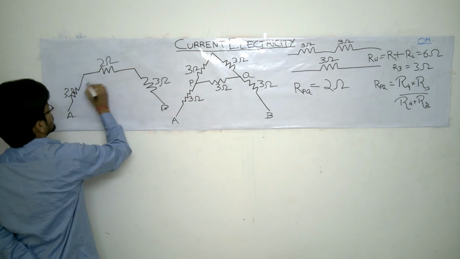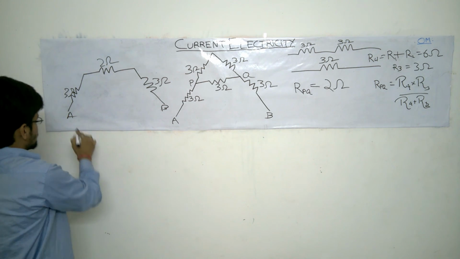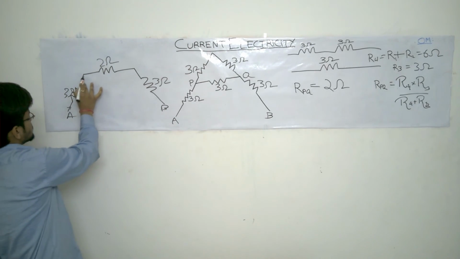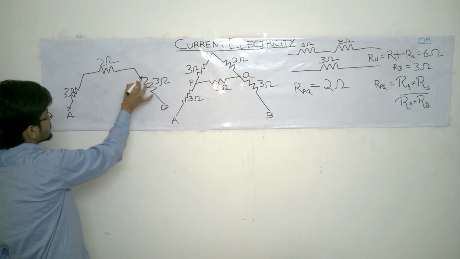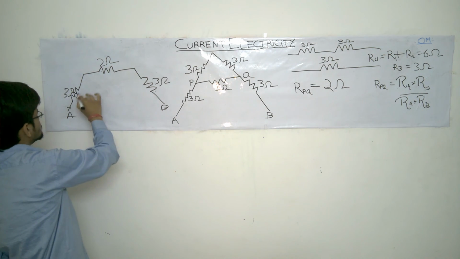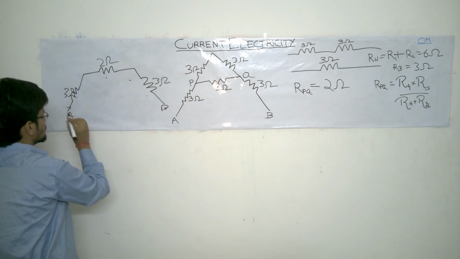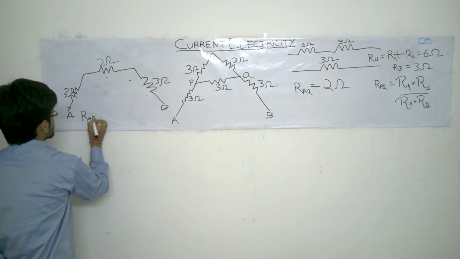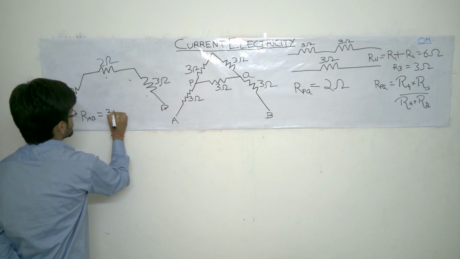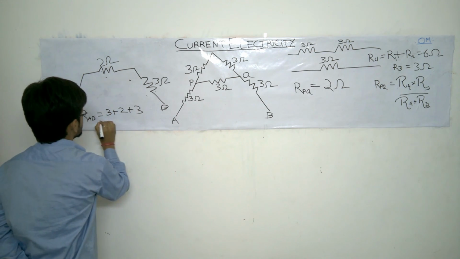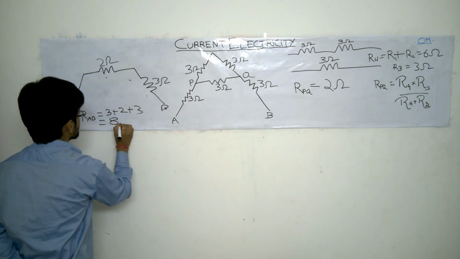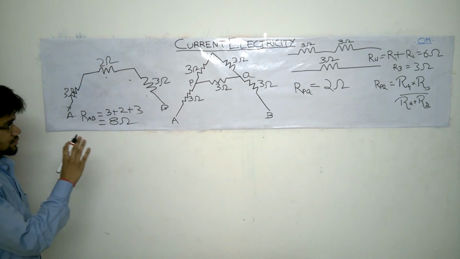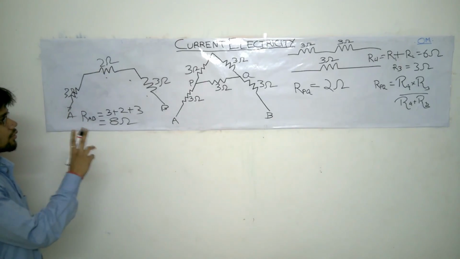Okay, so now what we see, if we allow the current to pass through this branch, the same current will go into this resistance, the same current will go into this resistance. Therefore, these three resistances are in series. So RAB equals 3 plus 2 plus 3, which equals 8 ohms, which is our answer.